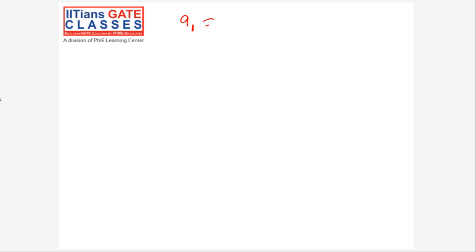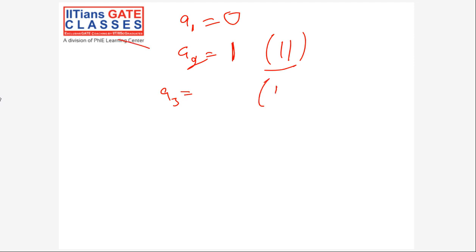No. A1 is 0. A2 is what? 1, and the string would be 11. Similarly, A3 is what? For three length strings, how many will have 11? They are 110, 011, and 111. Correct? These three.